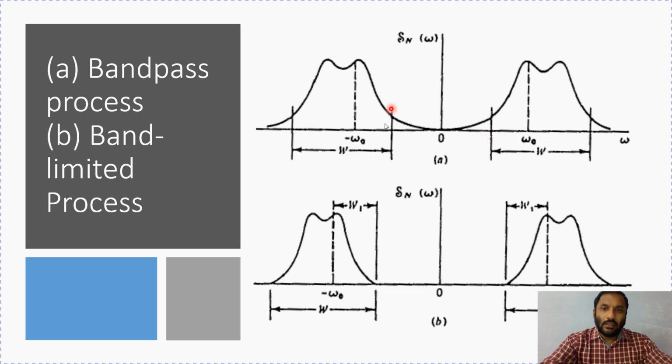Okay, so a band limited signal is actually an abstraction of a band pass process, in which the frequencies that have negligible power are completely made equal to 0. That means the bandwidth is shortened to this band limit of W.